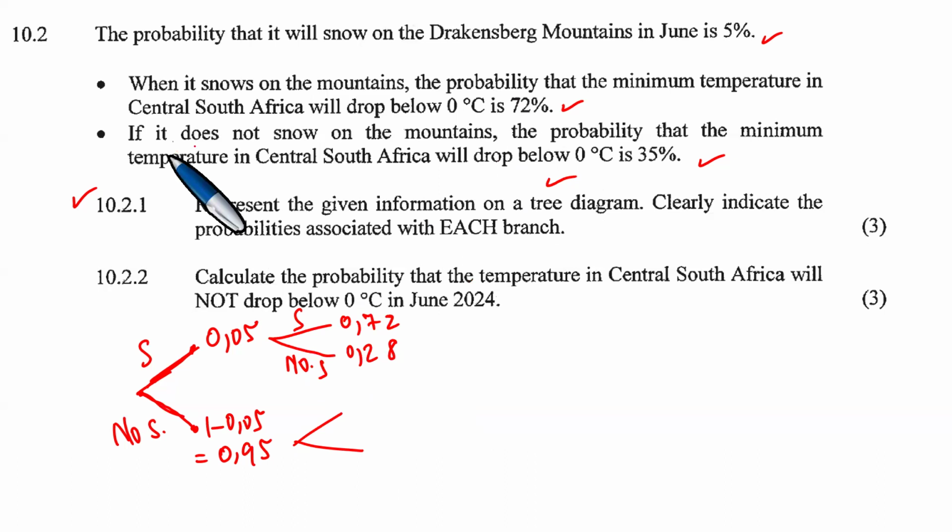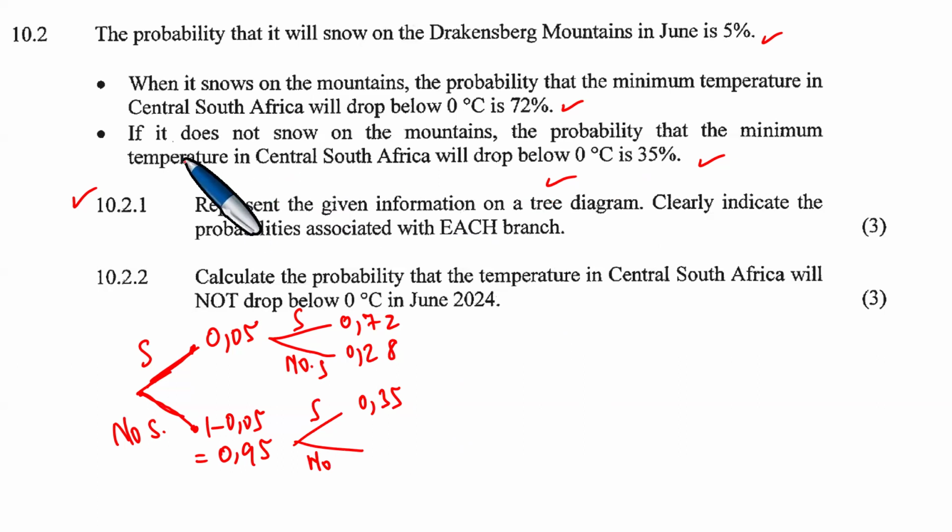Okay, so if it snows or there's no snow, and we are saying if it does not snow, the probability that the minimum temperature in central South Africa will drop below 0 is 35%. So you have 35%, you divide it by 100, becoming 0.35.